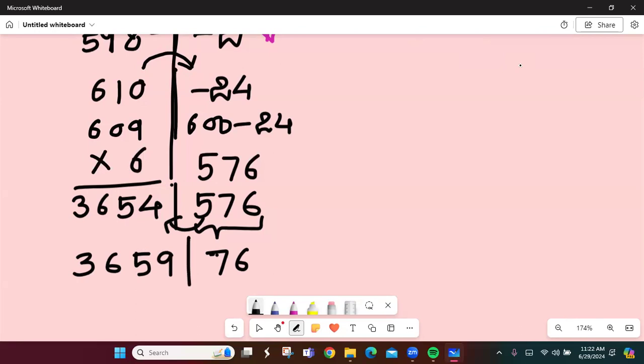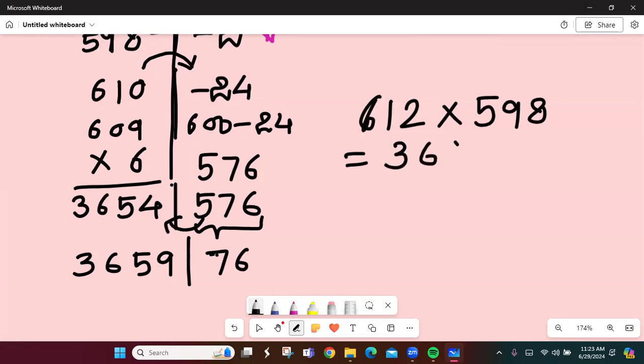And hence, finally, the product 612 multiplied by 598 will be, write all these digits together, 3, 6, 5, 9, 7, 6, which is 365,976.